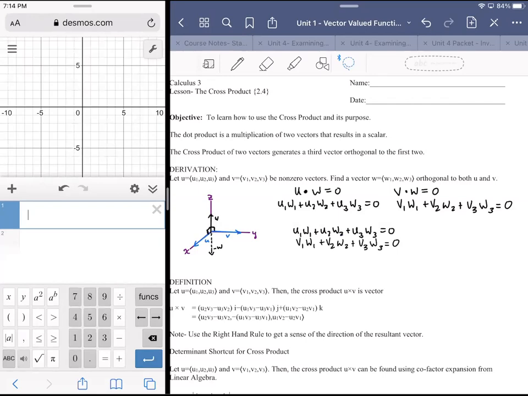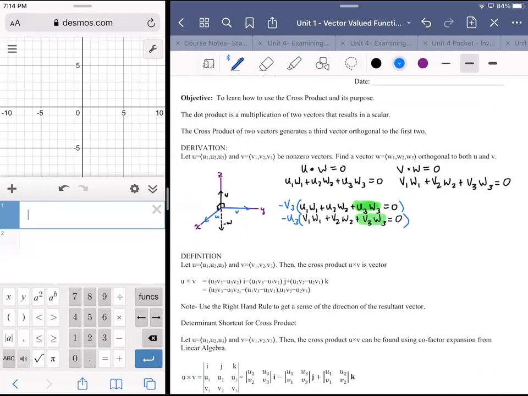If you were to do that, then you'd look at these two and say these two have to cancel with one another. How would I cancel them out? Well, my second equation, I'd have to multiply through by negative U sub 3, and my first equation, I'd have to multiply through by negative V sub 3.